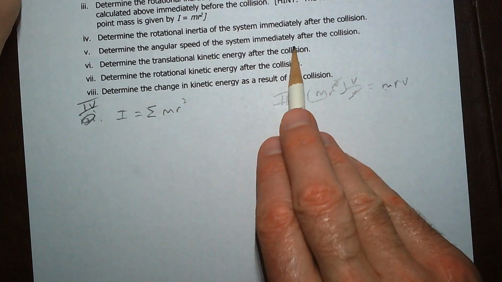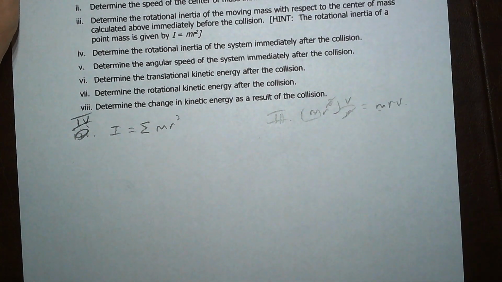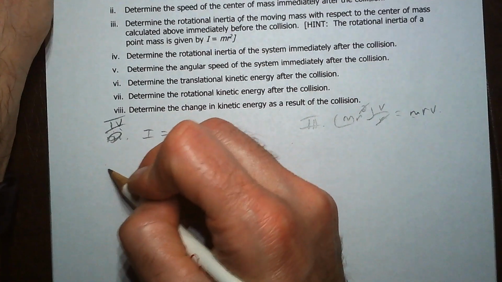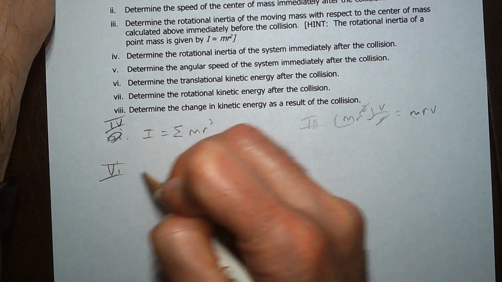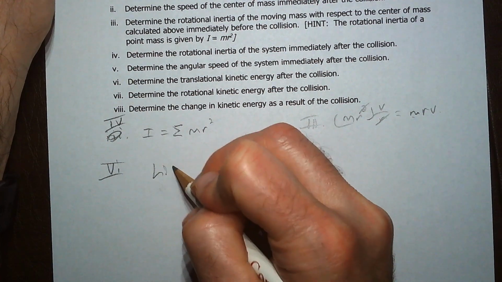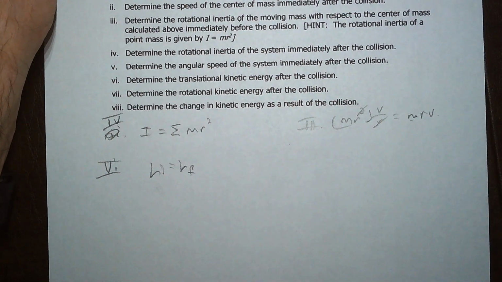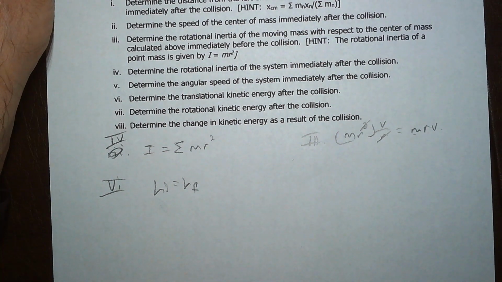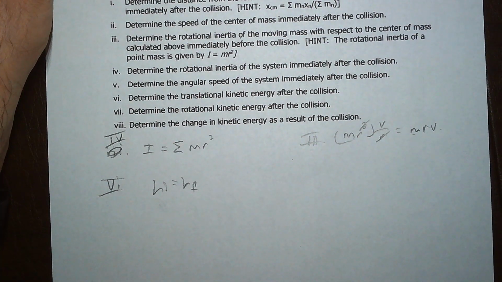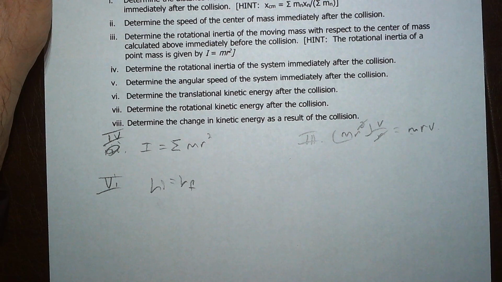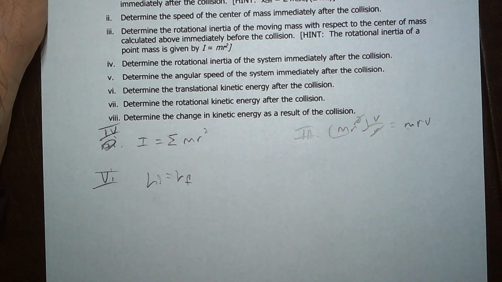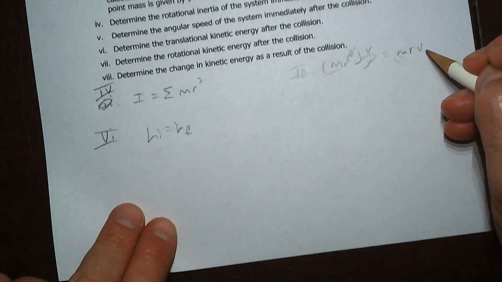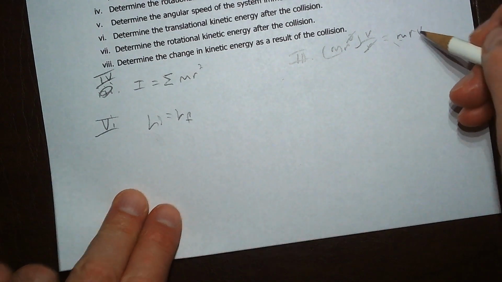All right, 5. Determine the speed of the system immediately after the collision. That's going to be conservation of angular momentum. So Li equals Lf. So Li would be equal to, wait a second. Oh, sorry, I messed this up again.